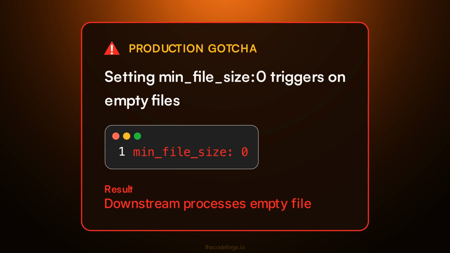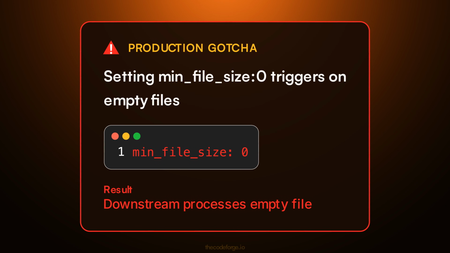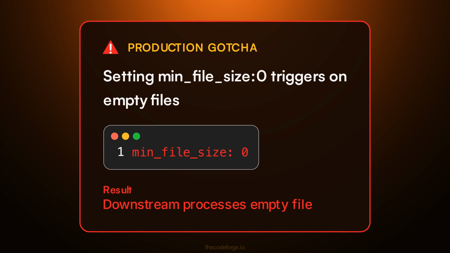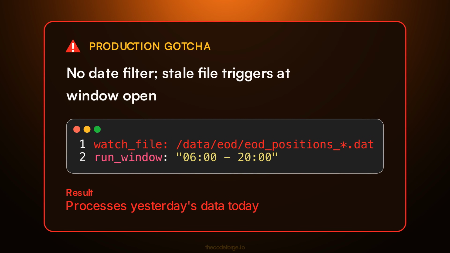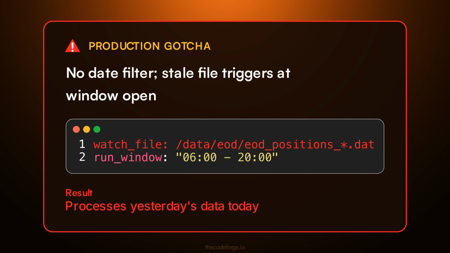This is the exact setting that caused the incident. min_file_size 0 means any file, including a 0-byte placeholder, triggers the watcher. Always set a positive value like 1024 for text files. Without a date in the watch path, a file from yesterday sitting in the directory will trigger the watcher as soon as the window opens. Always include a date pattern or validate file age downstream.